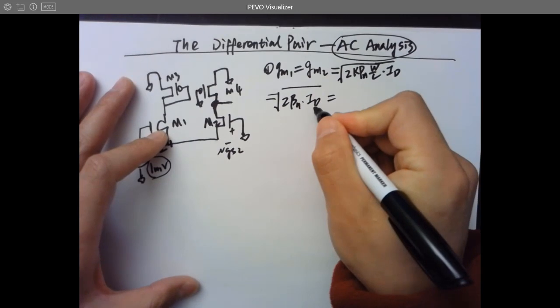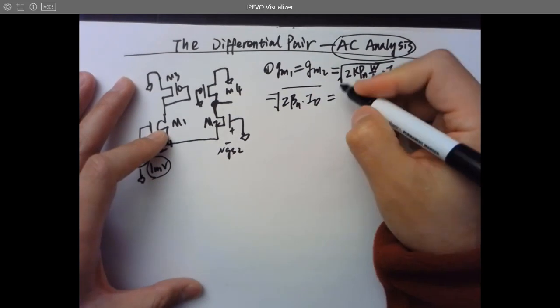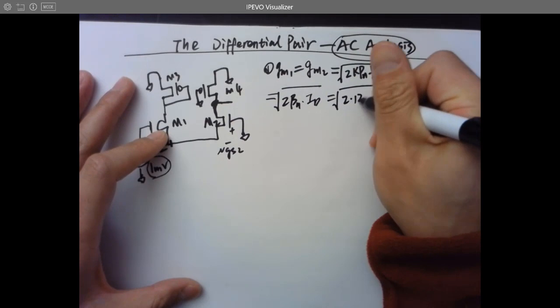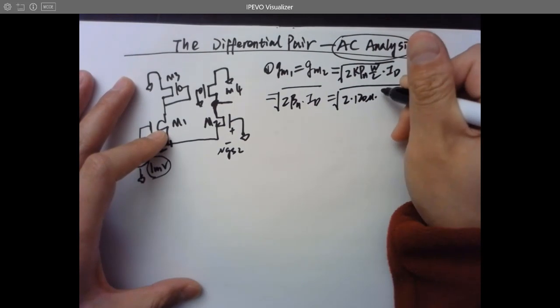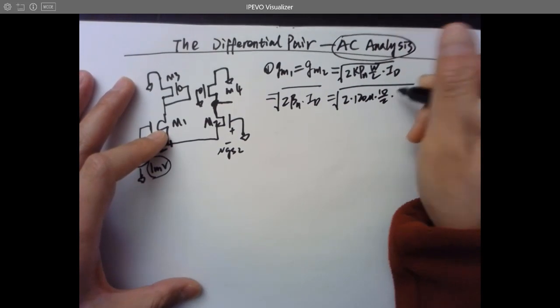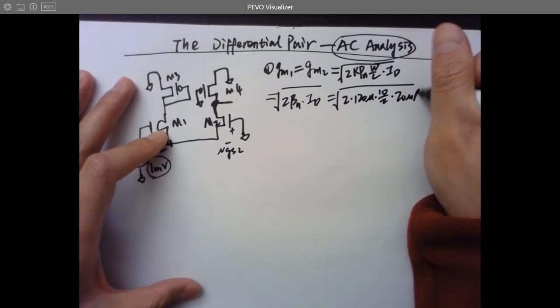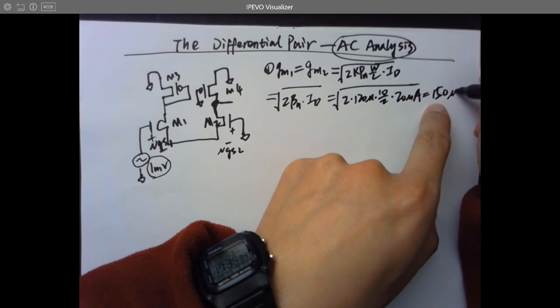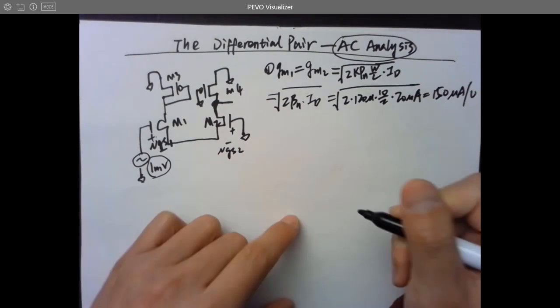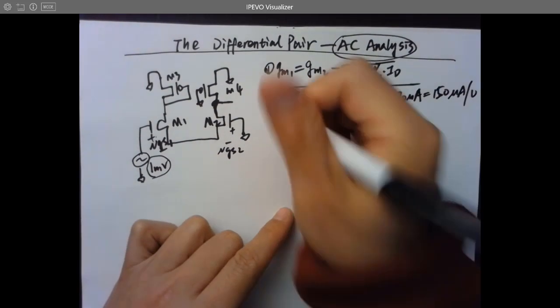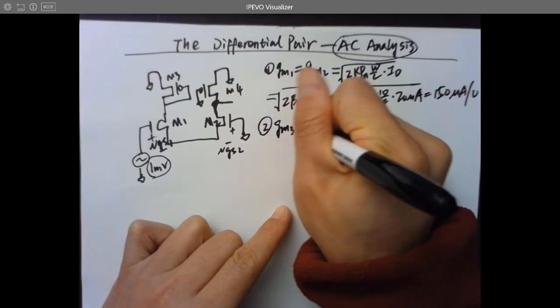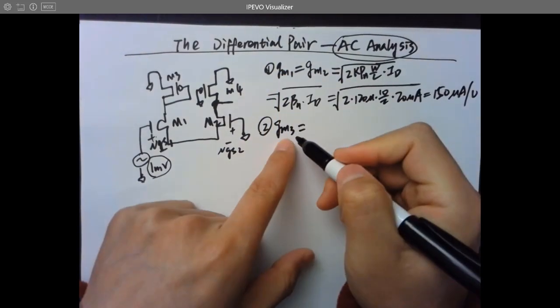We know ID is 20 microamps, and beta n is 100 micro times 10 over 2. So GM equals the square root of 2 times 100 micro times 10/2 times 20 microamps, which equals 150 microamps per volt. The second one, what is GM3? You'll ask why you need GM3.